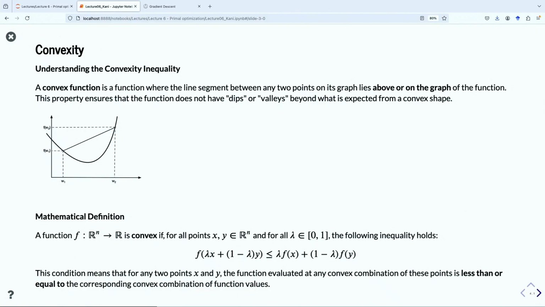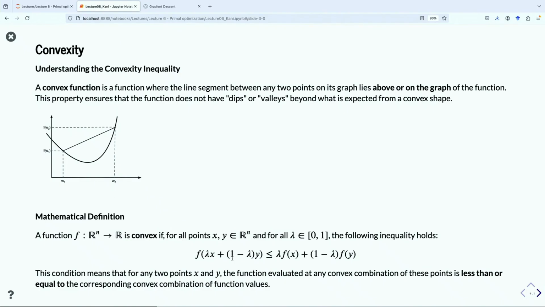So you're defining two ends of the line, right? You're defining an x input and a y input. And all this is saying is that this term right here, lambda x plus 1 minus lambda y, is somewhere along this interval. This interval is from 0 to lambda, and so if we want some point between x and y, we adjust lambda to be from 0 to 1.